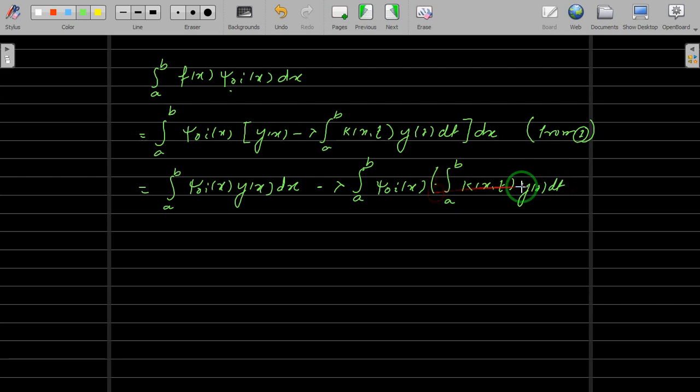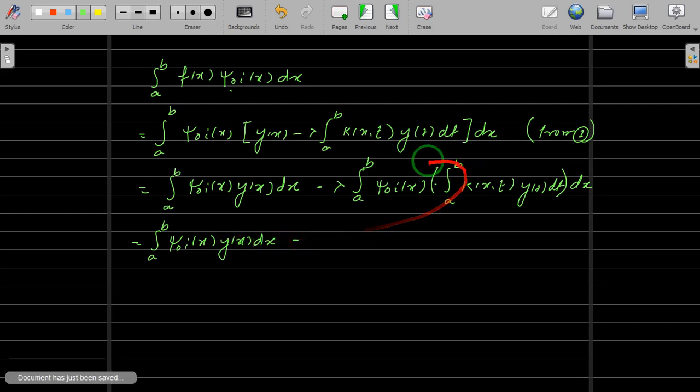This is your integral, and the answer of this you integrate with respect to x, dx. Clear? You have just opened the brackets and written it properly, that's all. This is the same as, keep this as it is, a to b psi 0 i of x y of x dx minus, you try to rewrite this properly.